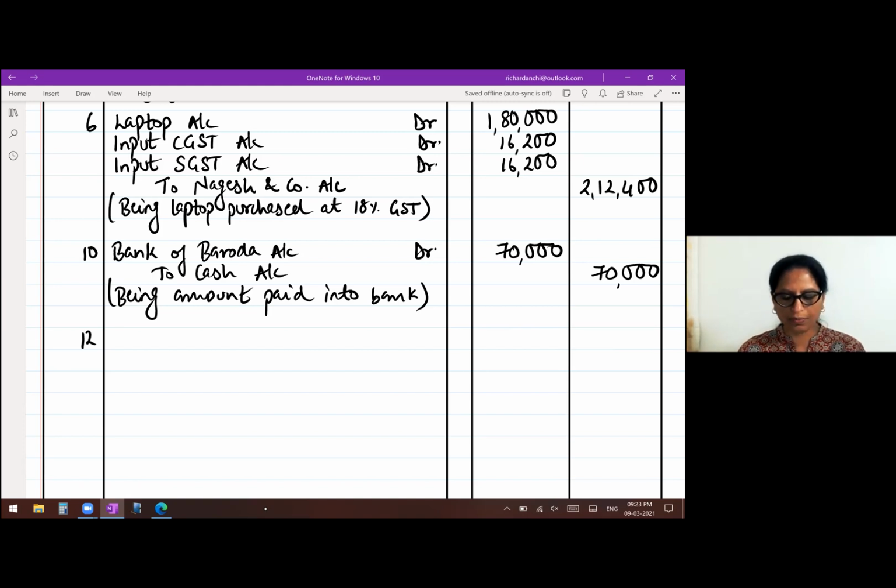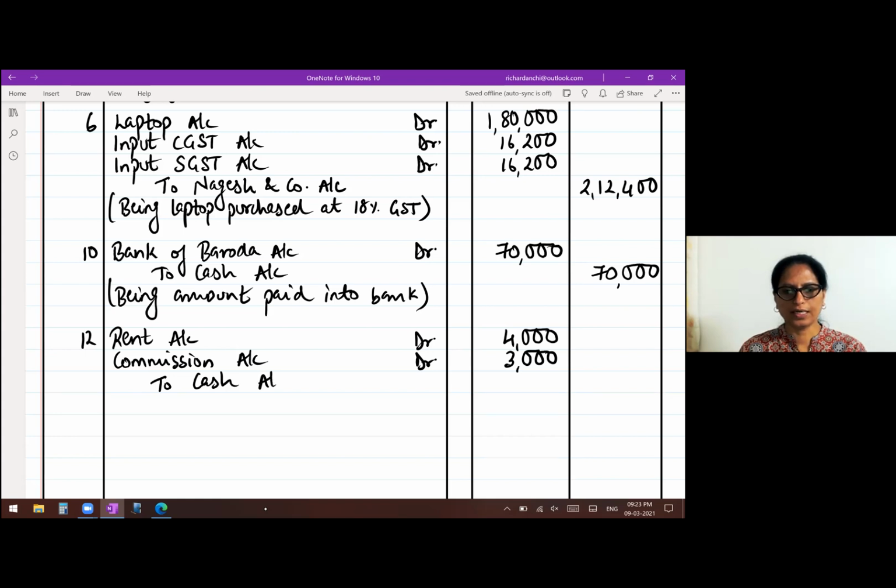So entry will be rent account debit 4,000, commission account debit 3,000. Both are expenses, so both debit, to cash account. The total of the two, that is 7,000. Being rent and commission paid.